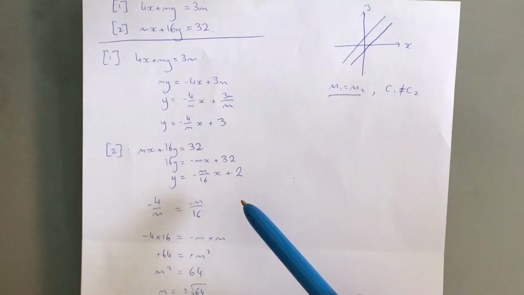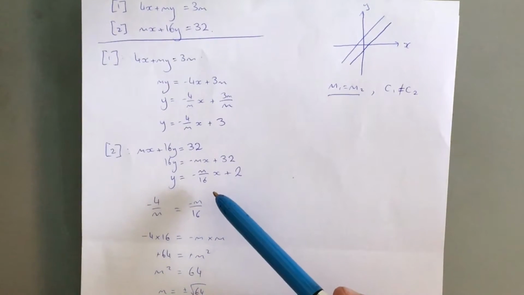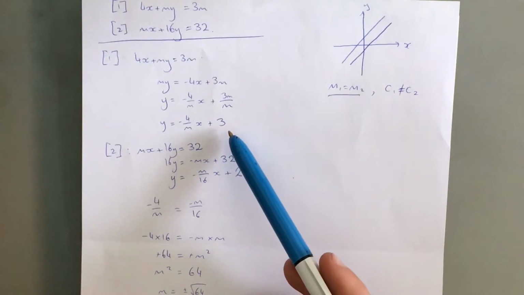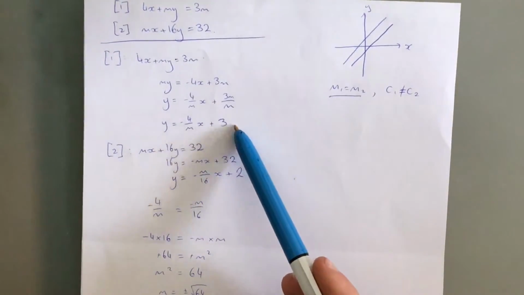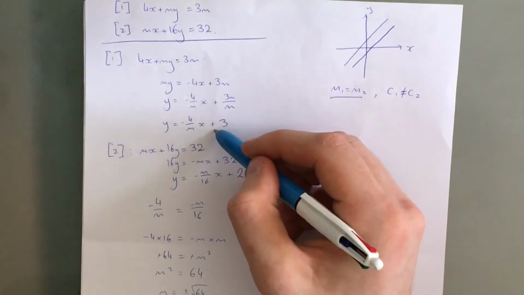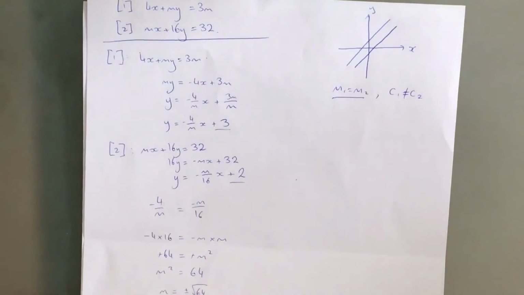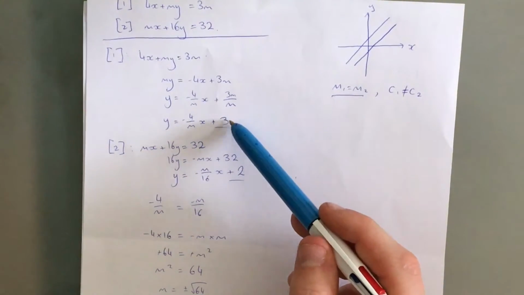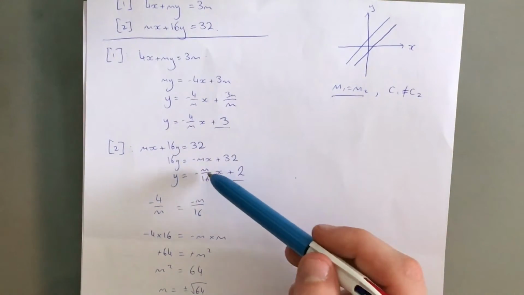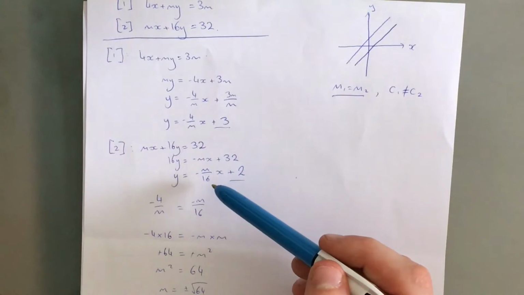Now, we don't know if the gradients will produce a different or same y-intercept, usually. Usually there's an m on the end here, but because this is 3 and this is 2, these two y-intercepts can never be the same regardless of what m is, because m only affects the gradient.